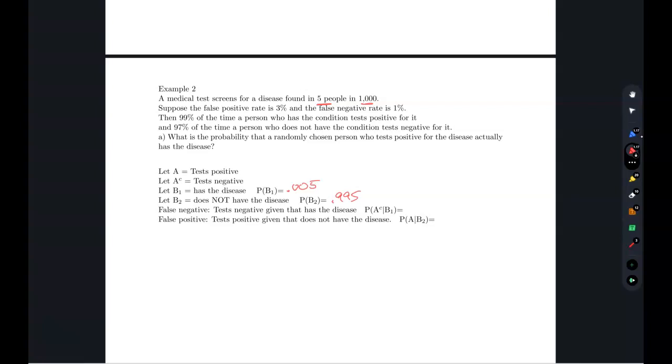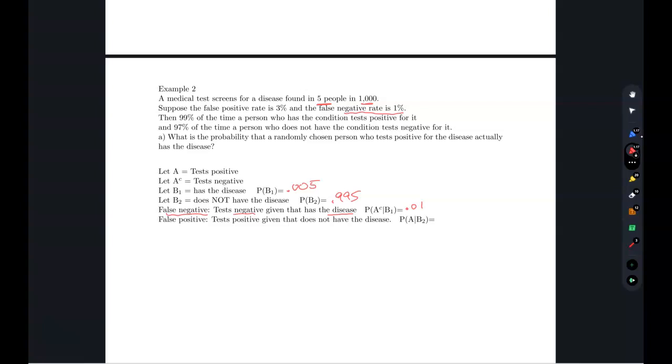Now let's talk about what a false negative means. A false negative means they test negative given that they have the disease. The false negative rate is 1%, so that's 0.01.